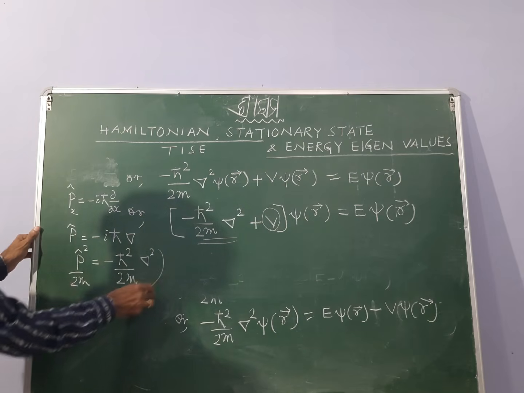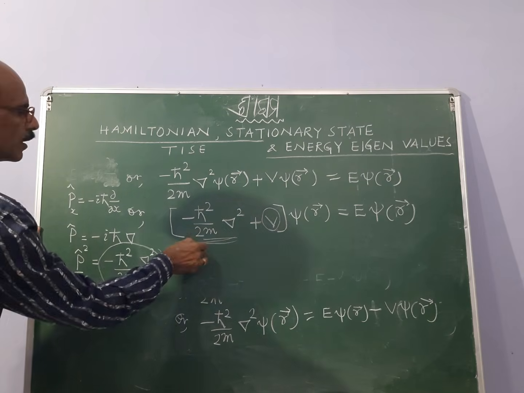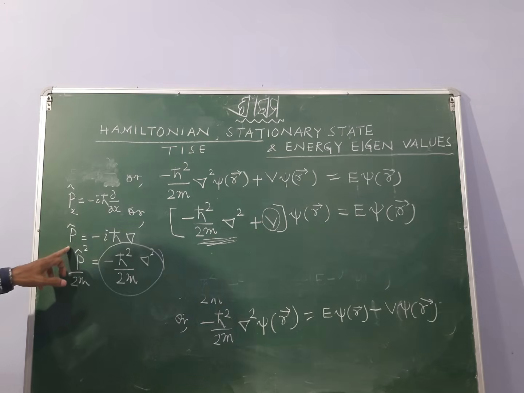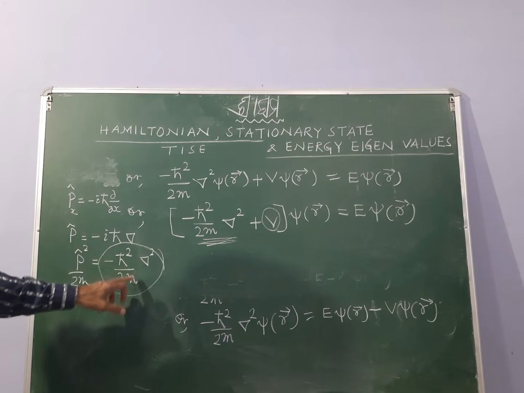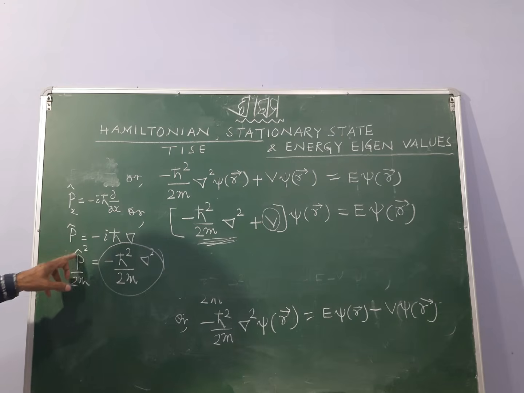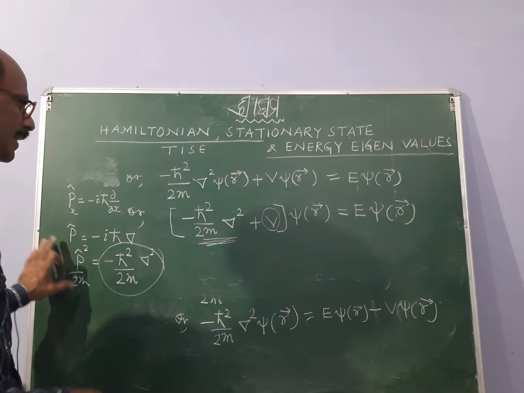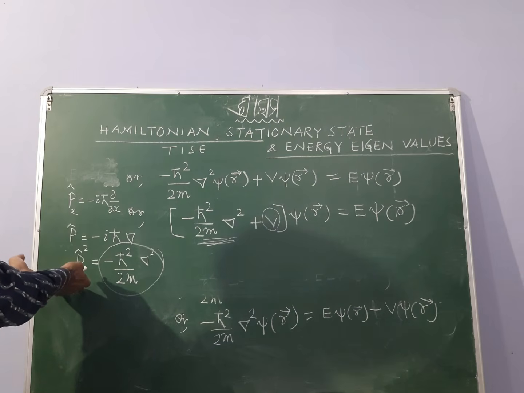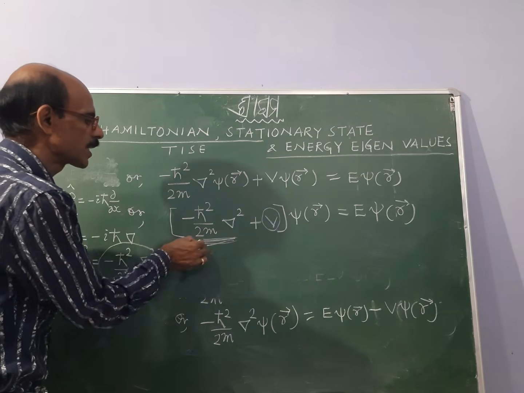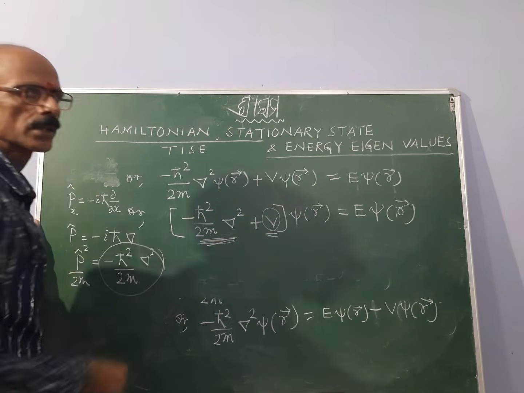Now you see, I have obtained minus h cut square by 2m grad square for the operator p square by 2m. But what is p square by 2m? Kinetic energy. So this represents the kinetic energy operator, and this is potential energy.